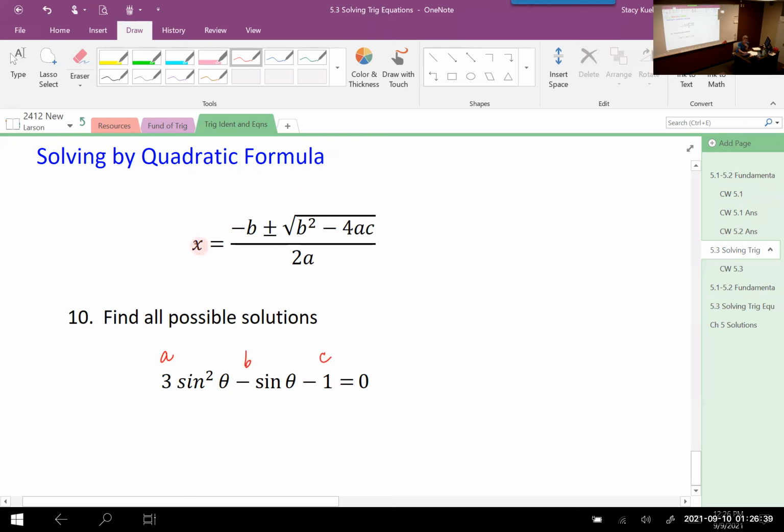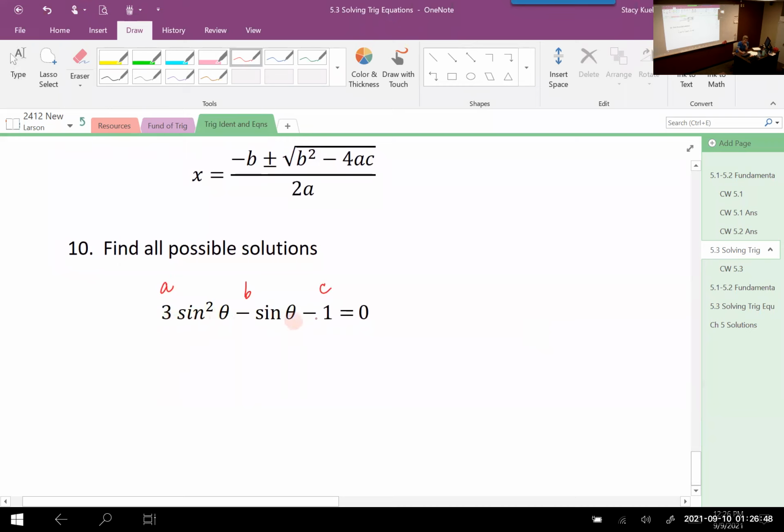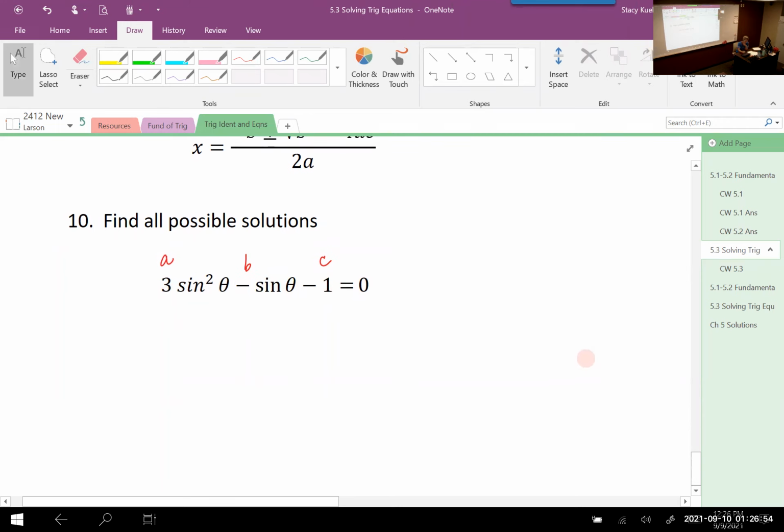So it works pretty much the same way using our quadratic equation, and this does not factor. You can use trial and error, but I'm telling you right now, it doesn't factor. So our function sine theta is equal to our quadratic equation.